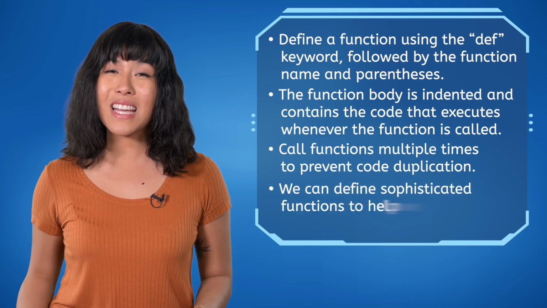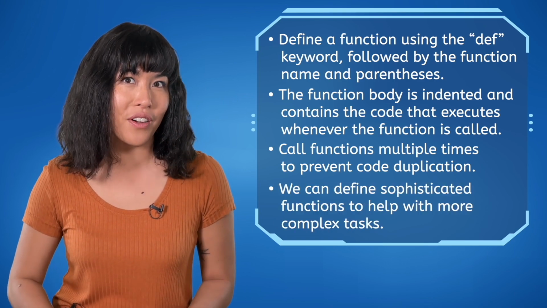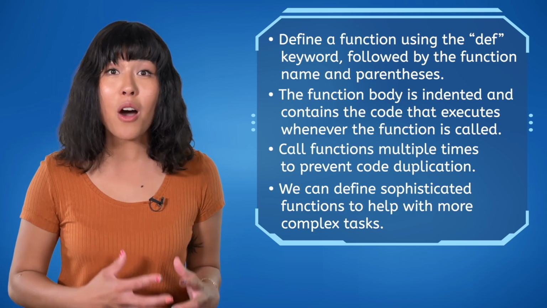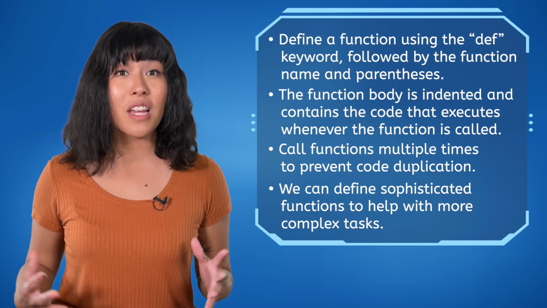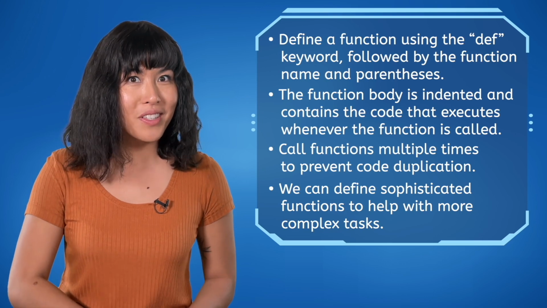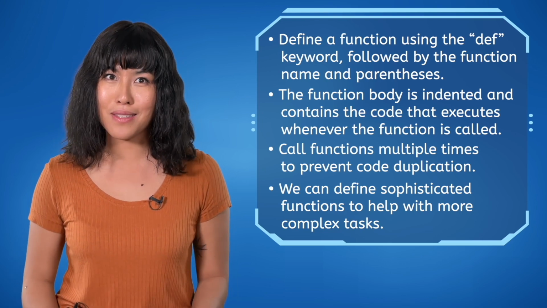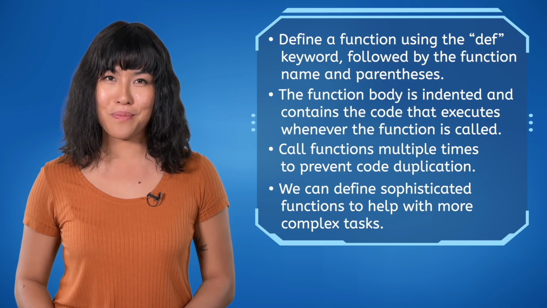We also took a look at designing more sophisticated functions, such as calculating fuel consumption and monitoring oxygen levels, which involved incorporating calculations and conditional statements, like if statements, within our functions.